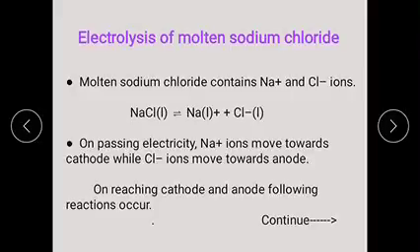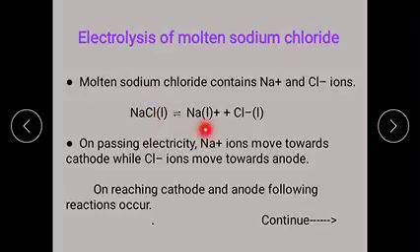When we pass electricity through molten sodium chloride, which contains Na plus and Cl minus ions in the liquid state, on passing the electricity, Na plus ions move towards the cathode while Cl minus ions move towards the anode side.